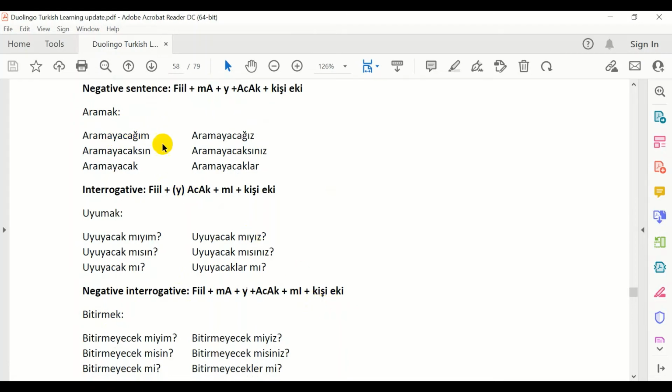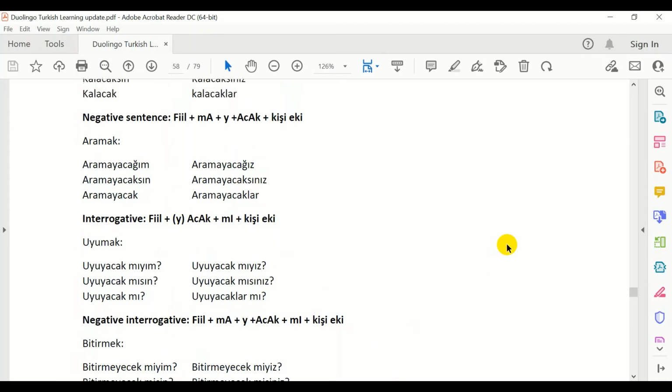So before adding the personal suffix, you can add the question suffix. Aramayacak mıyım? As simple as that. Or bitirmeyecek miyim? Bitirmeyecek misin? Bitirmeyecek mi? And you can continue it this way.